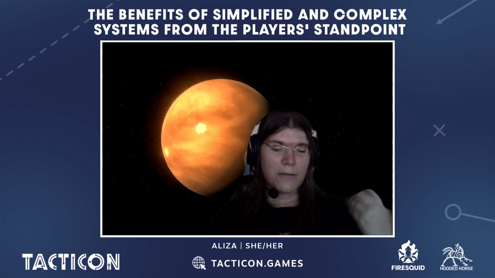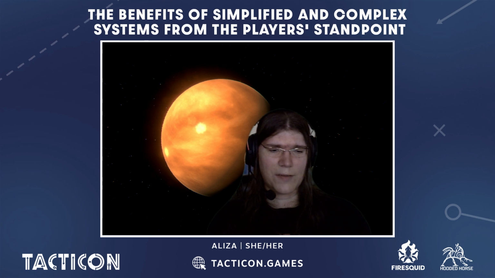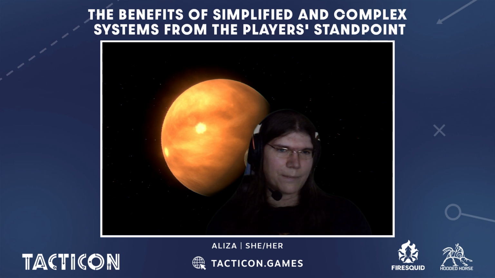For example, if I have a weapon that can do 3 damage and I have some bonus that gives +1 damage, I will intuitively understand that it's a big bonus. But if it says it gives you plus 20%, it won't even work for something that only does 3 damage. So these are things that are important.